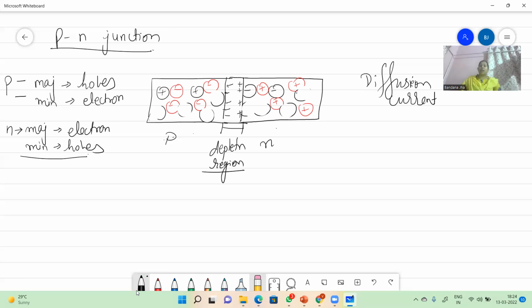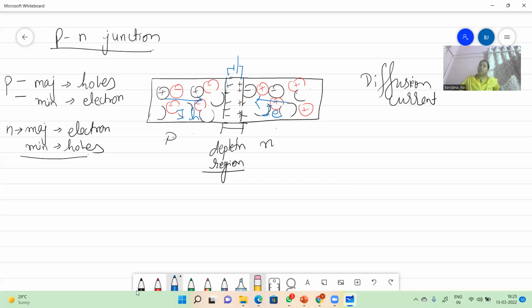From here, in this direction, electron current is going and in this direction, hole current is moving. So we know that hole current and electron current are always opposite to each other. Here the potential difference occurs. Negative tries to attract towards the positive side and positive towards the negative side.